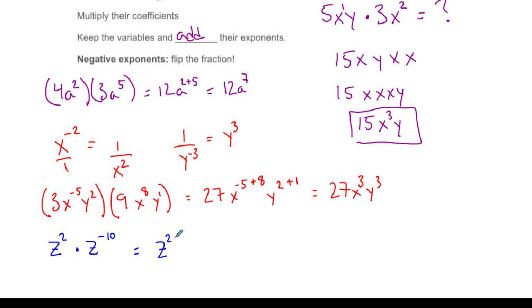So 2 plus negative 10, which is negative 8. Because I'm left with a negative exponent in the answer, I have to flip it, change it to 1 over z to the 8th. And that's it.